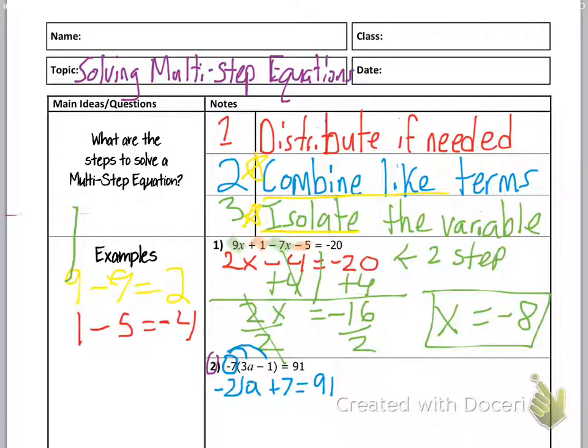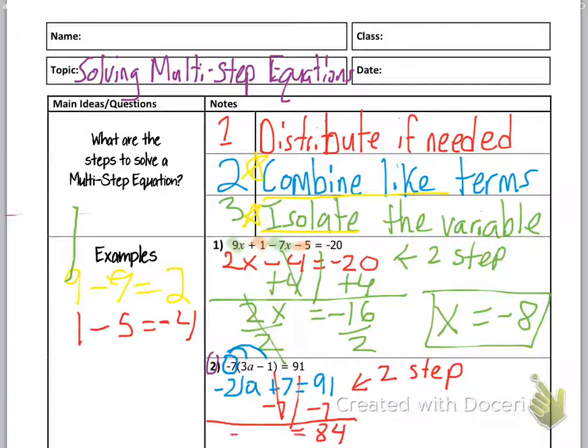So now we're back to a two-step problem. And that's going to be your goal whenever you have a multi-step equation. Your goal is always to get it to a two-step, because once it's at a two-step, I can easily solve it. So I'm going to subtract 7. This will give me an 84.